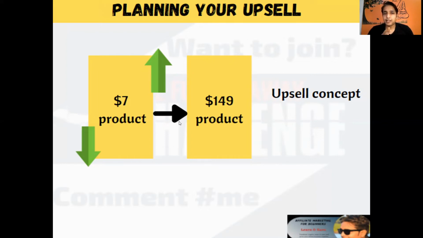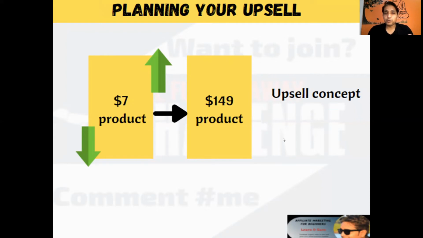Once they have already put in their credit card details and are sent to the second page, it is very easy for them to say yes, because they only need to click one button and their order will be placed. So out of 100, maybe 20% of people, or 20 people, will buy that upsell product.